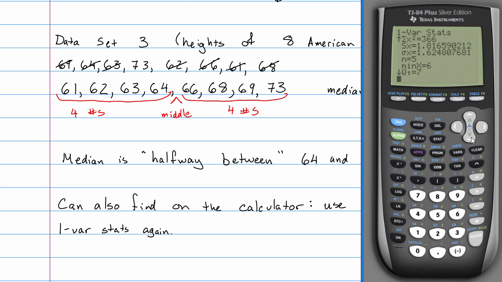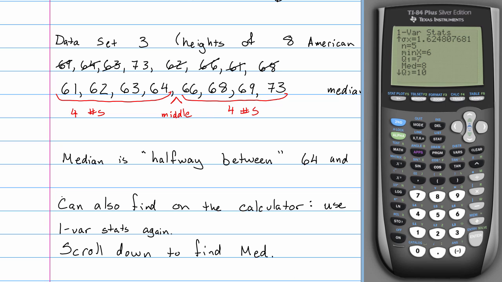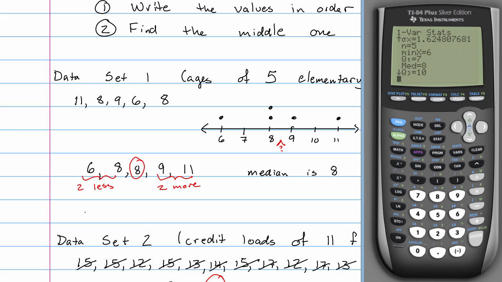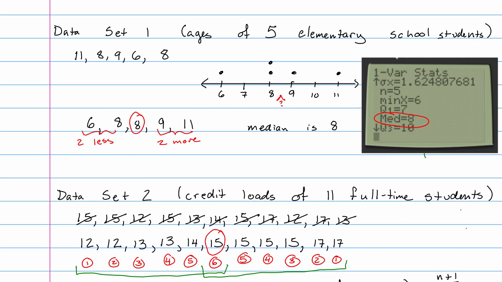And scroll down to find MED, M-E-D. When we find that MED, that's going to be the median. So according to the calculator, the median for data set 1 is also 8. So again, the calculator agreed with what we found by hand. No problem.